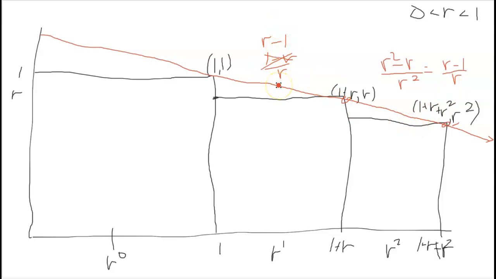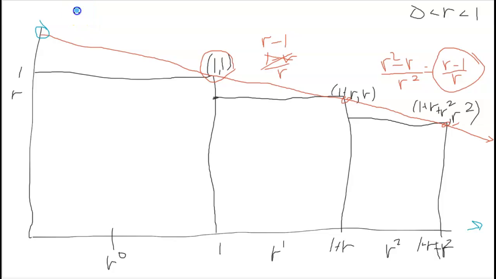We dropped a little bit. This is the consistent slope. The slope between these points is r minus 1 over r. And we know that (1, 1) is on the line. So we can write down the equation of this red line and figure out exactly where it intersects here and exactly where it intersects over there.